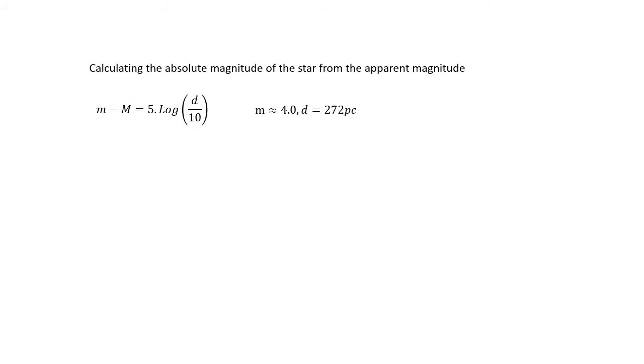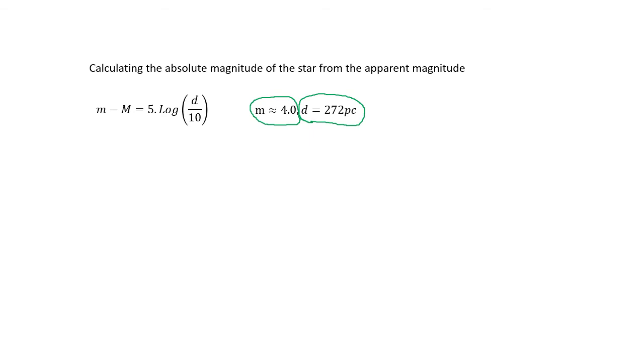So here we go. From our first graph, we know that our apparent magnitude, little m, in our formula, was about 4. And we know from looking up data about Delta Cepheid that it's 272 parsecs away.